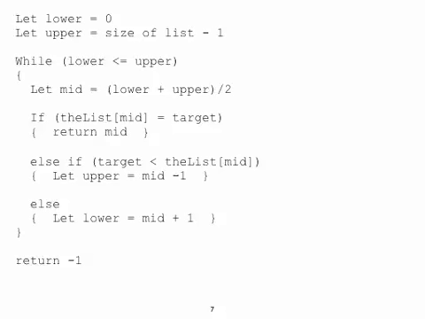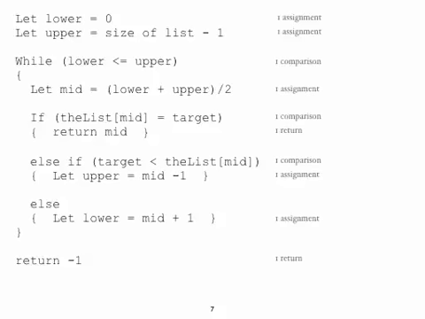To begin with, we'll make the midpoint variable mid equal the lower plus the upper on 2. That is, we'll just set it to be the central element in the list. Now, you can see here have popped up a number of values in a column, one assignment, one comparison, and so on.